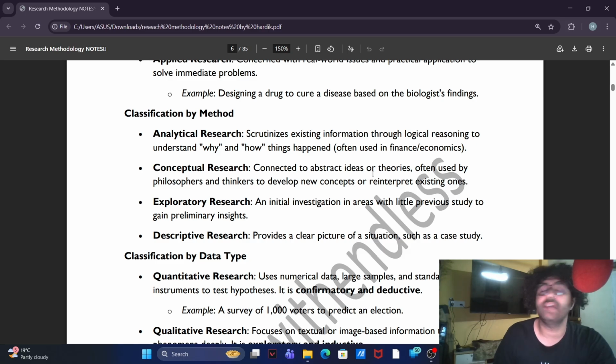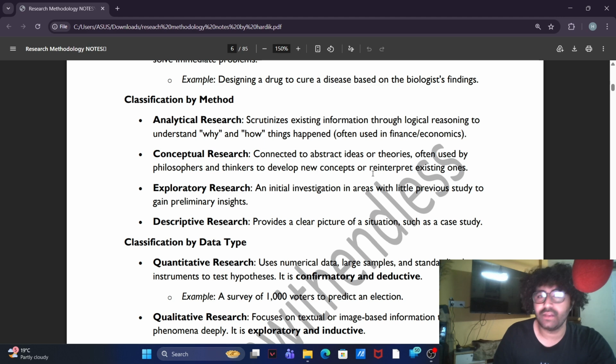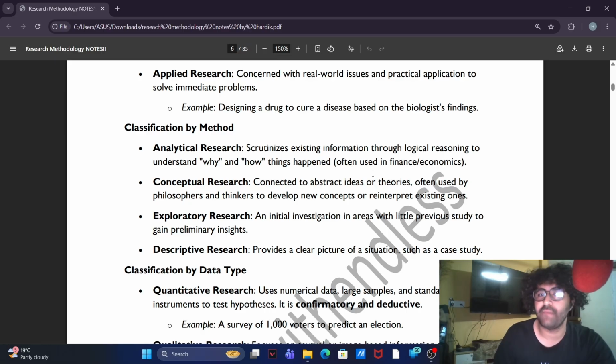Next topic, classification by method. It is divided into four parts: analytical research, conceptual research, exploratory research, and descriptive research. Let's go through them one by one. Analytical research scrutinizes existing information through logical reasoning to understand why and how things happen. It's often used in finance or economics.